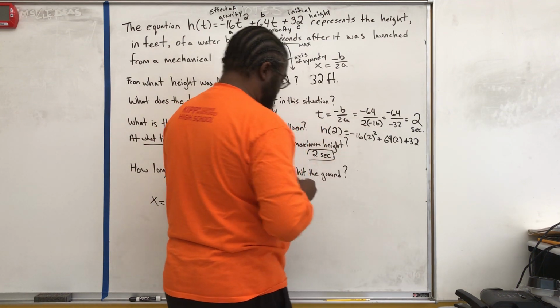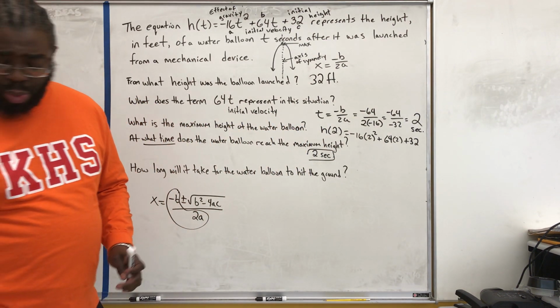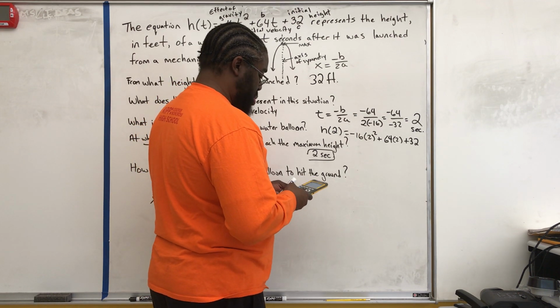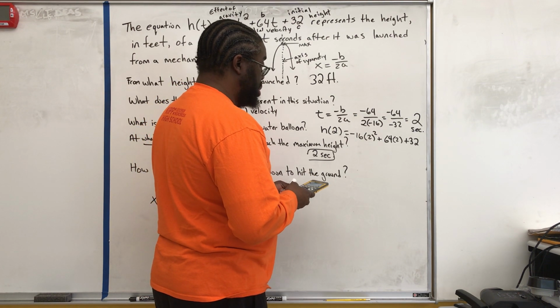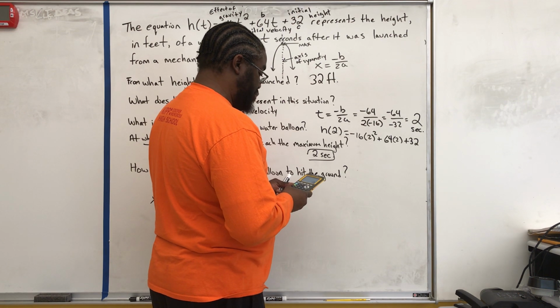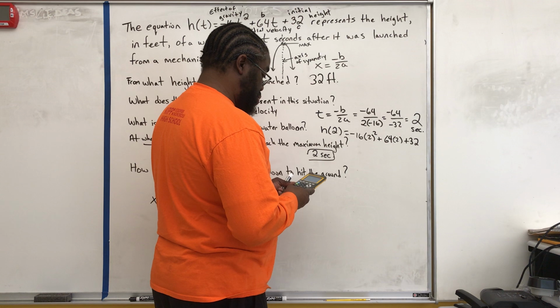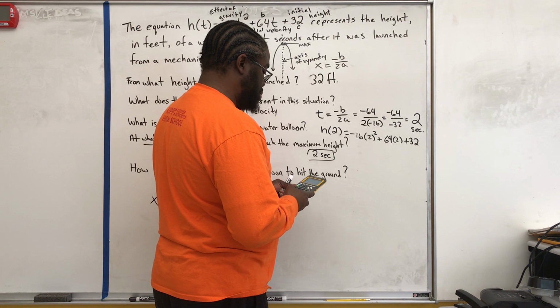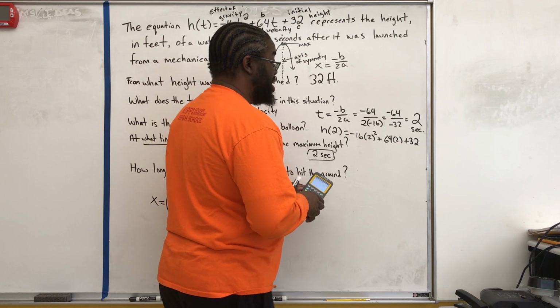I can do it in my head, but we've got our trusty calculator here, so let's make this move a little faster. Negative 16, parentheses, 2, parentheses, squared, plus 64, parentheses, 2, parentheses, make sure you put your parentheses in, plus 32. We've got 96.